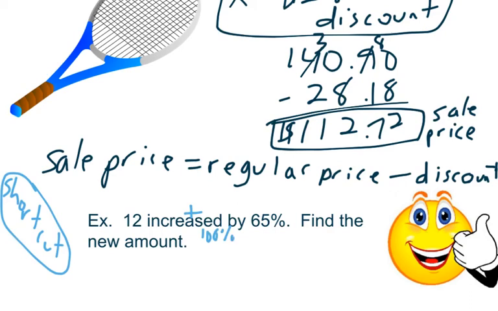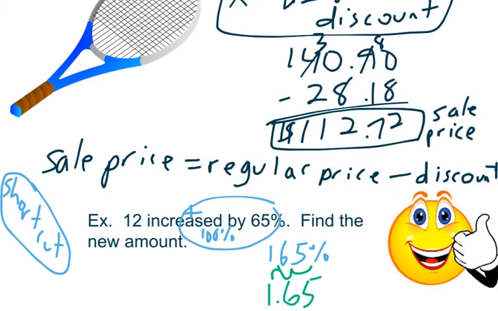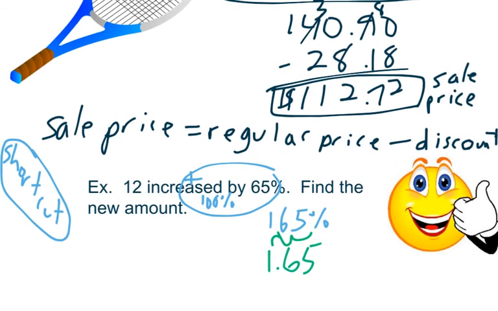So it's 100% plus the 65%. And these equal, obviously, 165%. But all I need to do is make that a decimal. So left 2, that becomes 1.65. So if it says increase, we add 100% to it. And then we just multiply. So 12 times 1.65 would be my shortcut.